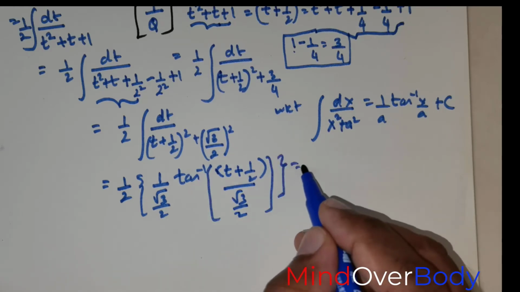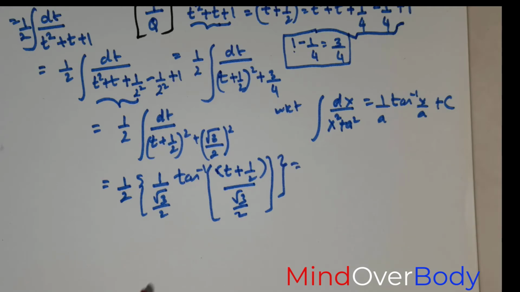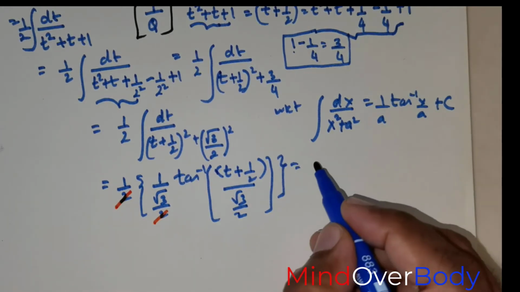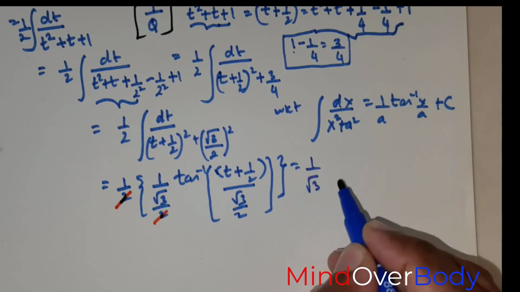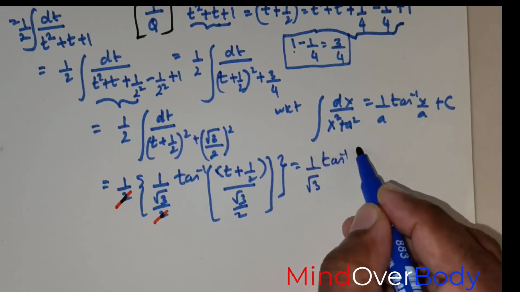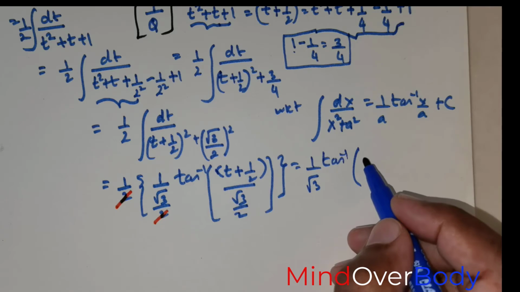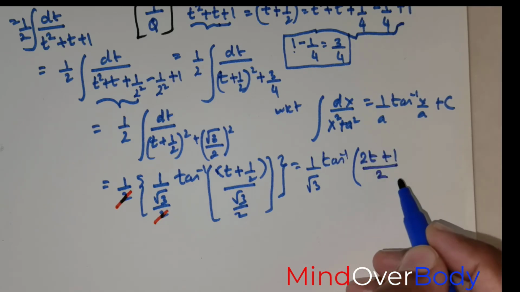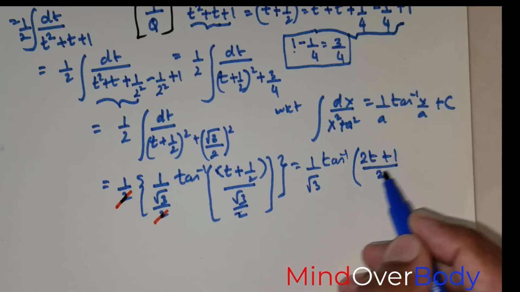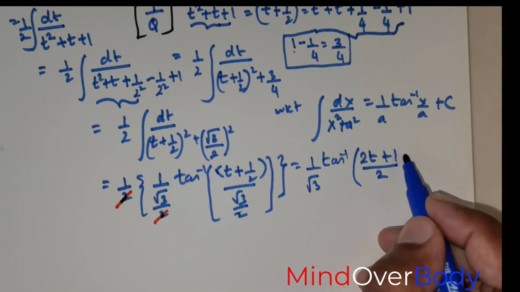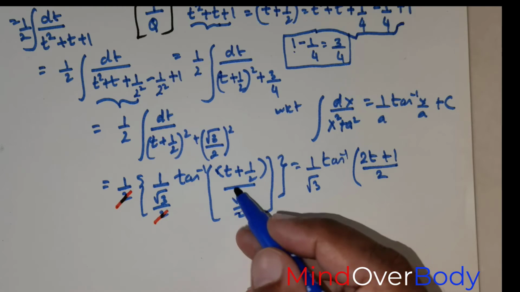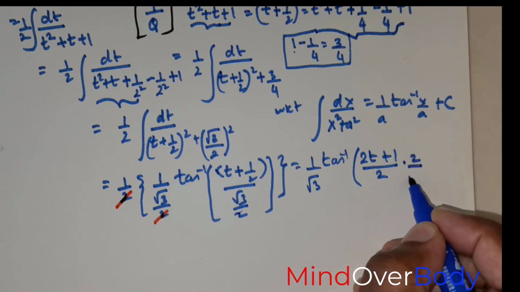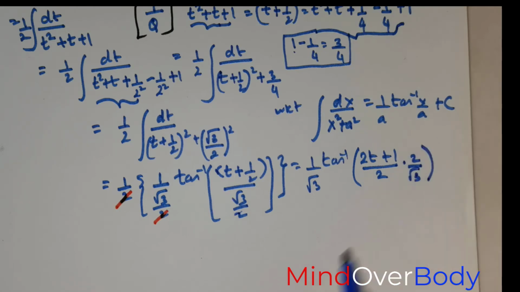So now I need to perform some simplification. A 2 here and a 2 here can be cancelled. So I have 1 over root of 3 tan inverse of, this is going to be 2 times t plus 1 over 2. If I were to flip this, I can bring this over here, 2 over root of 3, like that.